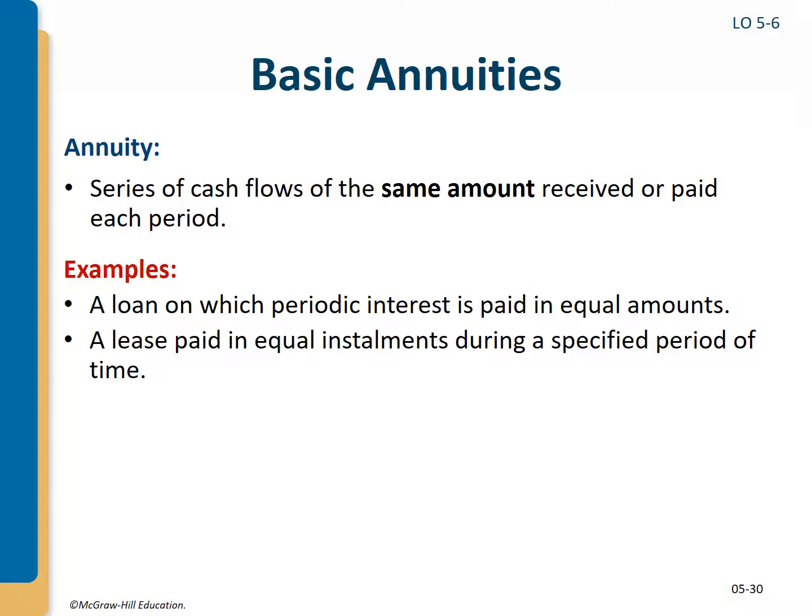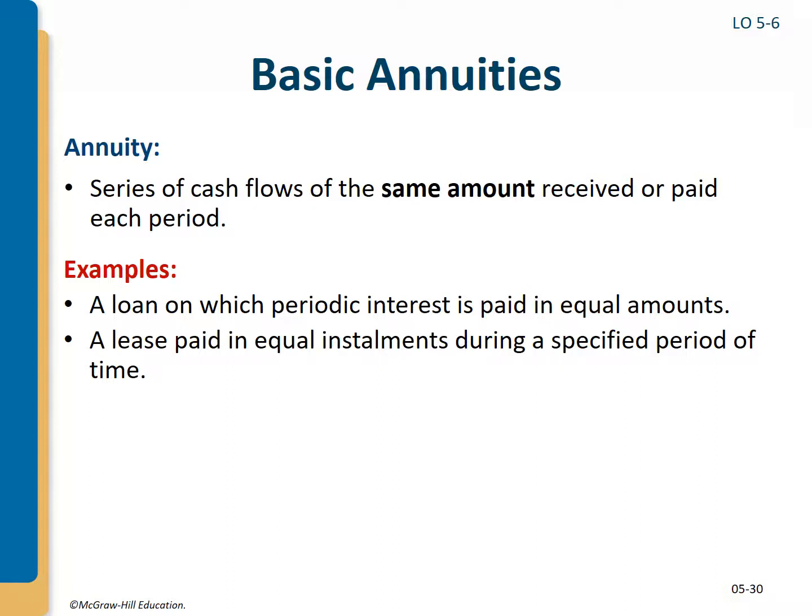This next type of calculation is when there's more than one payment. And we call it annuities. An annuity is just a term. That's all it is. It's a term we use to describe a series of cash flows at the same amount, either being received or paid over the same time period. So it's just a term used to describe that.